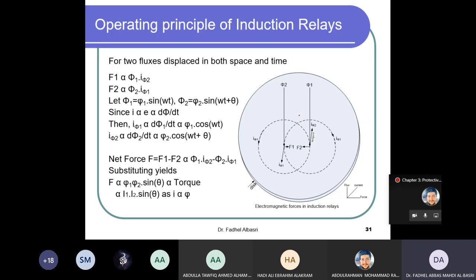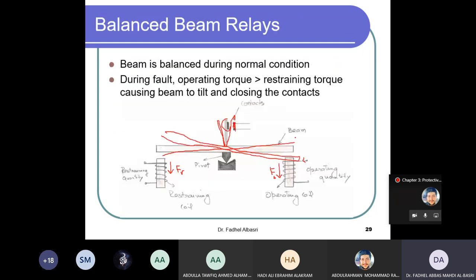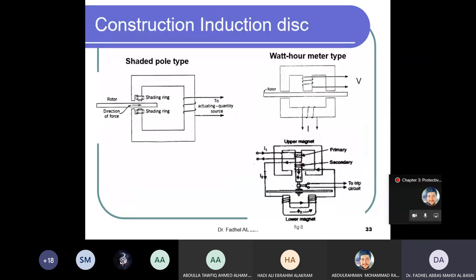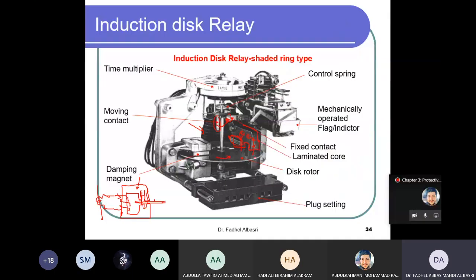So I'm assuming phi 1 and phi 2 are not in phase. They are displaced in space and displaced in time. Displaced in time means there is a phase shift between these two fluxes, and displaced in space means they are not at the same physical position. Physically, this flux penetrates the disk at a different position than the other flux.